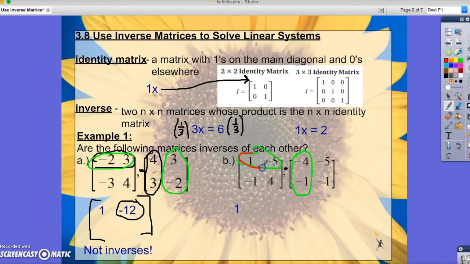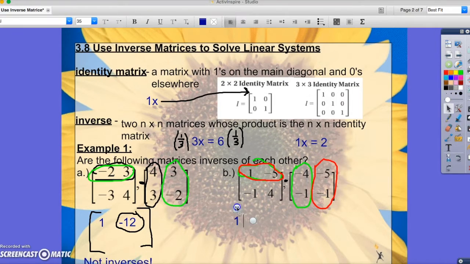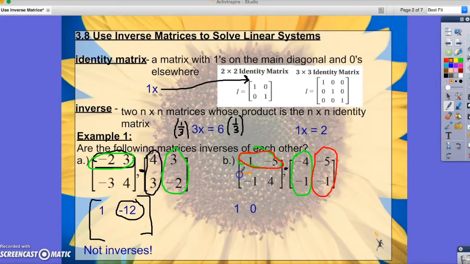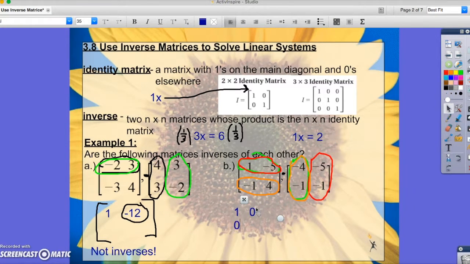Let's do the same row with this column. 1 times -5 is -5 plus 5, 0. Now we'll move to this row and do this column. -1 times -4 is 4, plus -4, -4 plus 4 is 0.